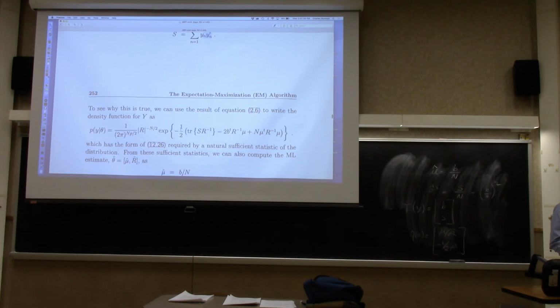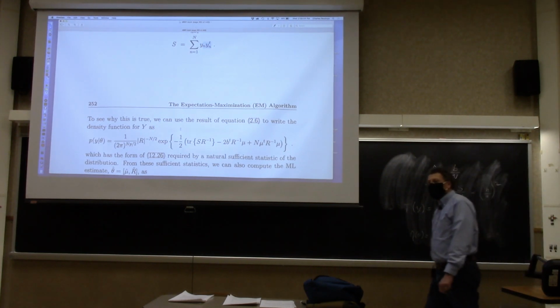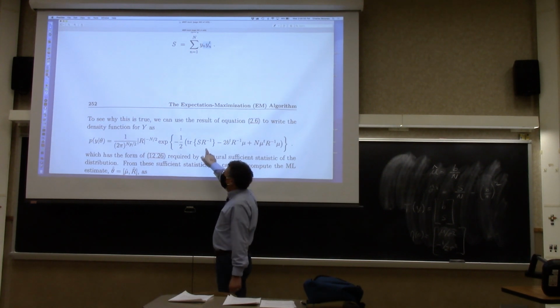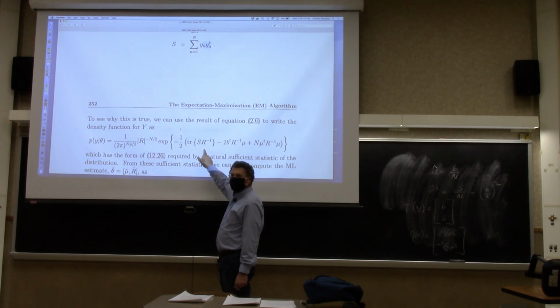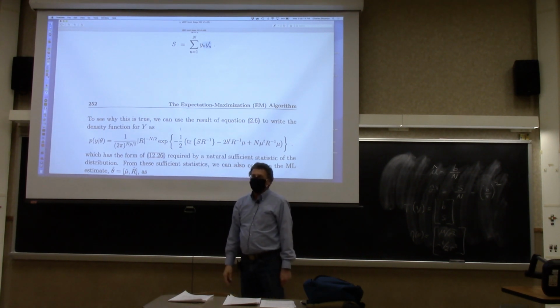And now, okay, this is a little bit maybe surprising. You proved it though earlier in homework, homework 1, chapter 2. You proved that you could write the multivariate Gaussian distribution in this form. Okay, and this is why it's useful now.